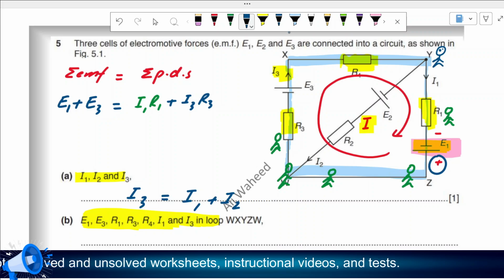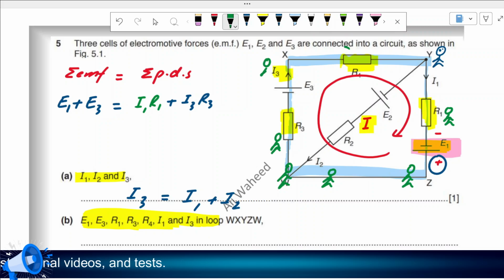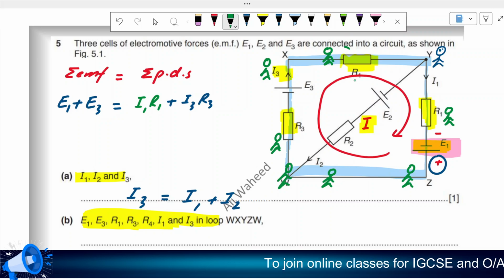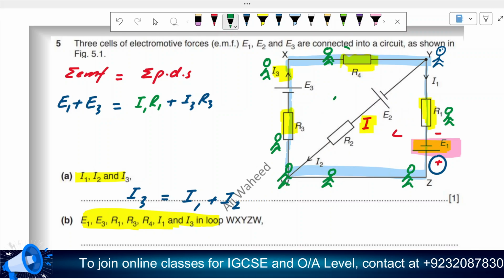Now let's continue. What about this one? I keep walking. I've crossed this point now. I move over here. I find another resistor in the path. How much is that? The value of the resistance is R4.